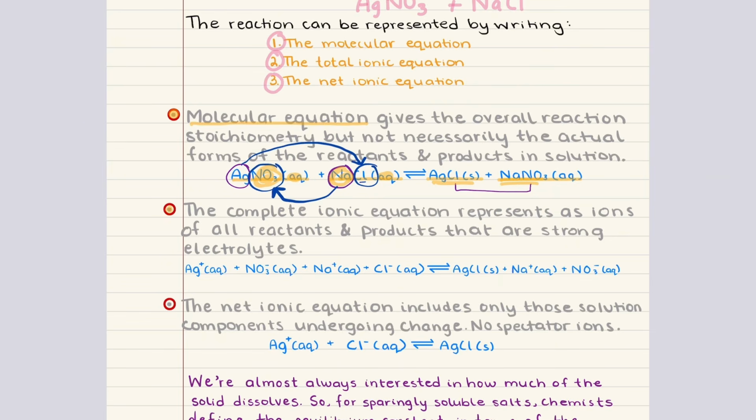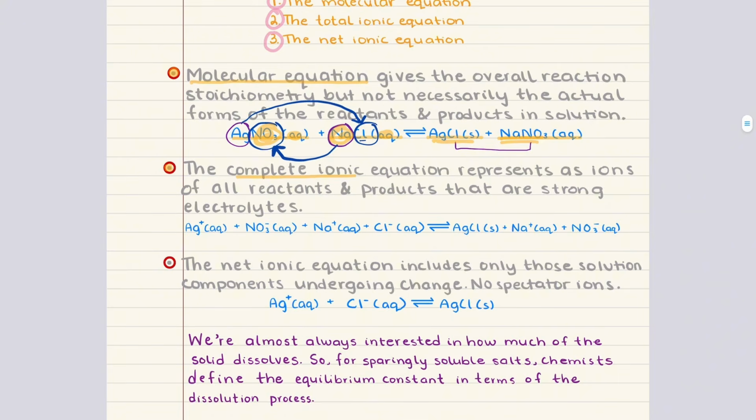Step 2 is to write the total ionic equation. So now we're going to represent strong electrolytes as dissociated ions because that is how they exist in aqueous solution. According to our solubility rules, silver nitrate, sodium chloride, and sodium nitrate are all soluble and are also strong electrolytes.